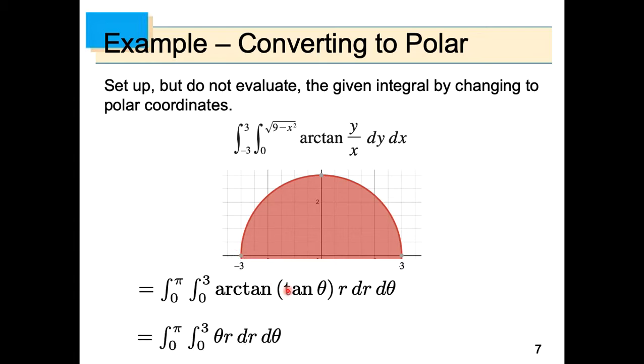After simplifying, you see that we end up getting just simply theta times r dr d theta, which obviously we could go ahead and solve. This is a very easy integral to solve, and you can even just split this up, since this is a product of something explicitly theta times something that is explicitly r.